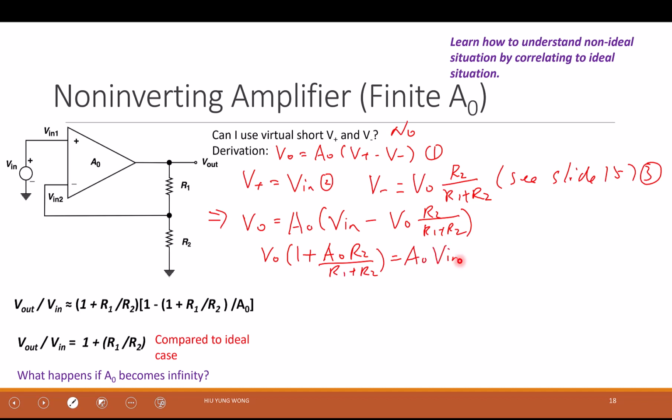So the gain is V out divided by V in, which equals A0 divided by (1 plus A0 R2 divided by R1 plus R2). I got the answer already.